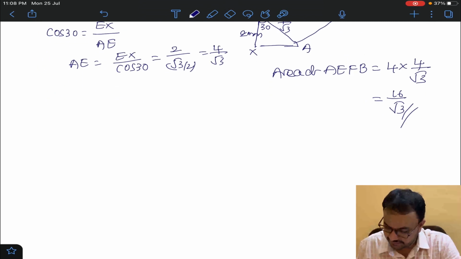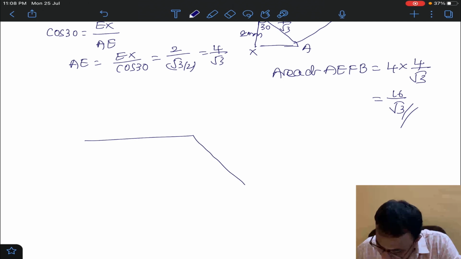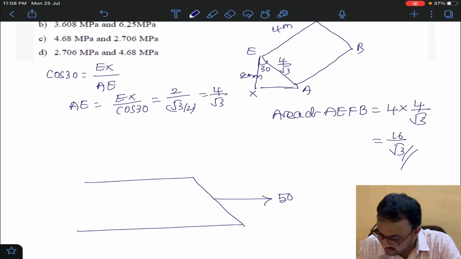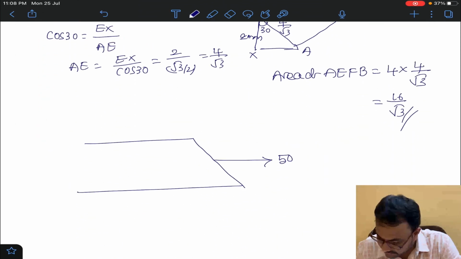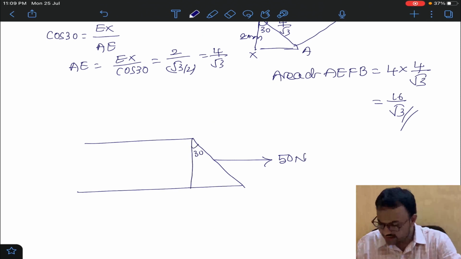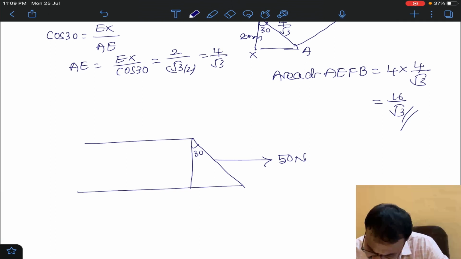And now this is the force. How much? 50, right? 50 Newton he has given, and he has given this is 30, and this 50 will be resolved into perpendicular component and parallel component.